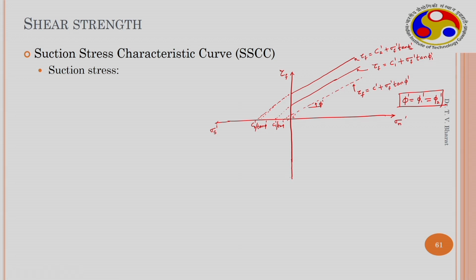If this becomes your matrix suction UA minus UW, that is a representation of negative pore water pressure within the soil. This is done for one particular given matrix suction UA minus UW of say 2, and this is UA minus UW of say 1, and this is UA minus UW equals 0.